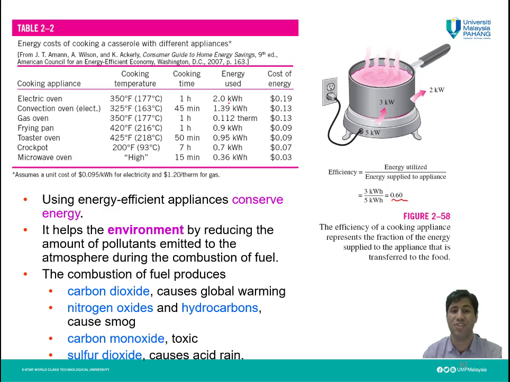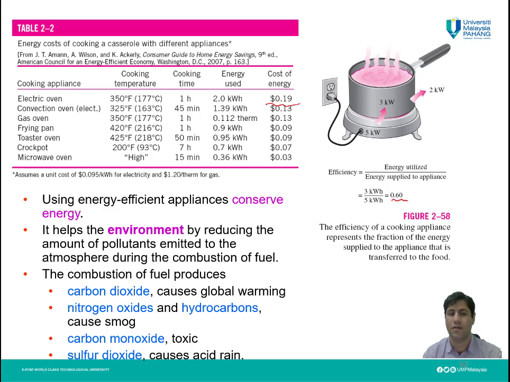And you can see here how it affects the living cost, the energy cost for the house. You can see electric oven, convection oven, gas oven, frying pan, toaster, and so on. For different cooking temperatures and cooking times, you can see how much energy is used by this equipment. The highest is the electric oven, which consumes 2 kilowatt hours of energy per hour. The energy cost for the electric oven is 0.19 dollars.